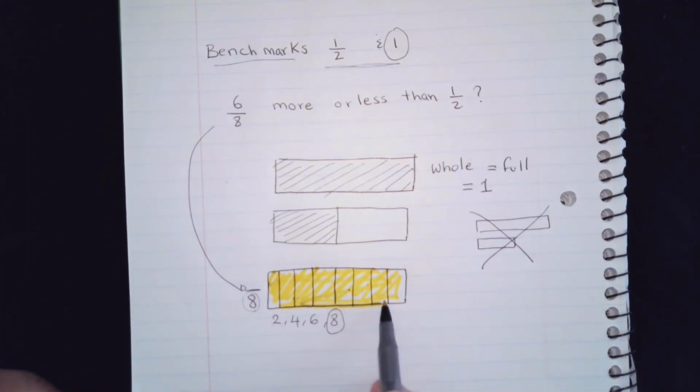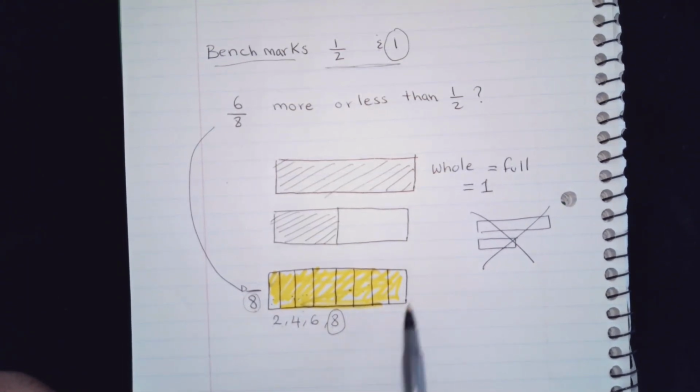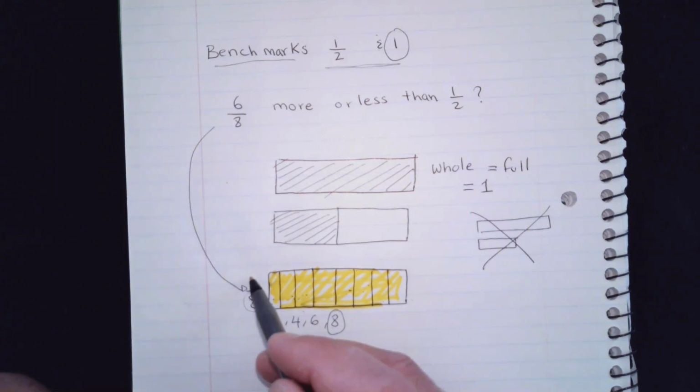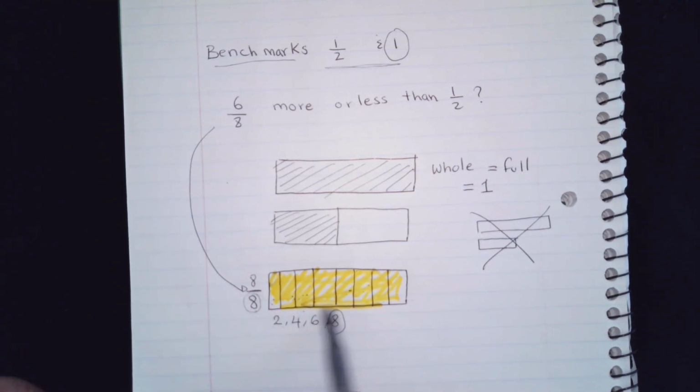See how my partitions are almost identical? That's what we want, because when we use fractions, we want the pieces to be equal, right? So now this is 8/8. The denominator 8 tells me that there is a whole that was partitioned into eighths.